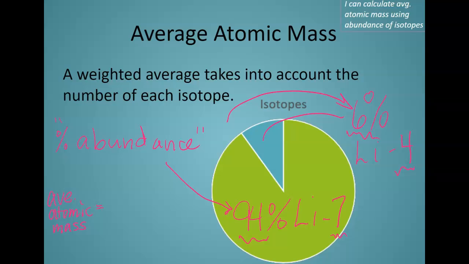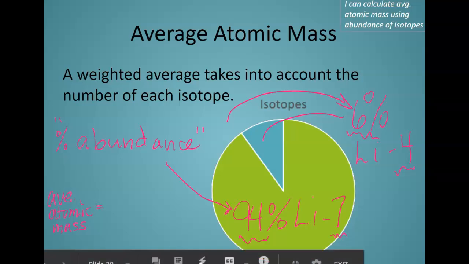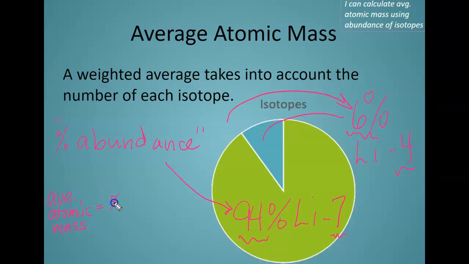So now, the average atomic mass is going to be the percent abundance times the mass of each isotope, and we're going to add those all together. So literally, it is the percent of isotope number 1 times its mass, plus the percent of isotope number 2 times its mass.